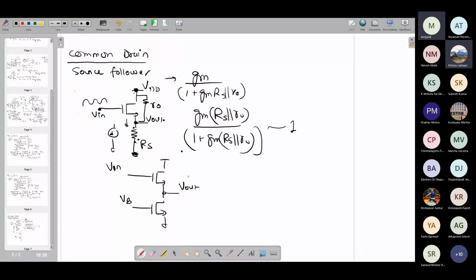In this circuit, what is the maximum output signal swing? Before that, we can also look at the input signal swing, but let us figure out the V out max and min first. What is V out min?